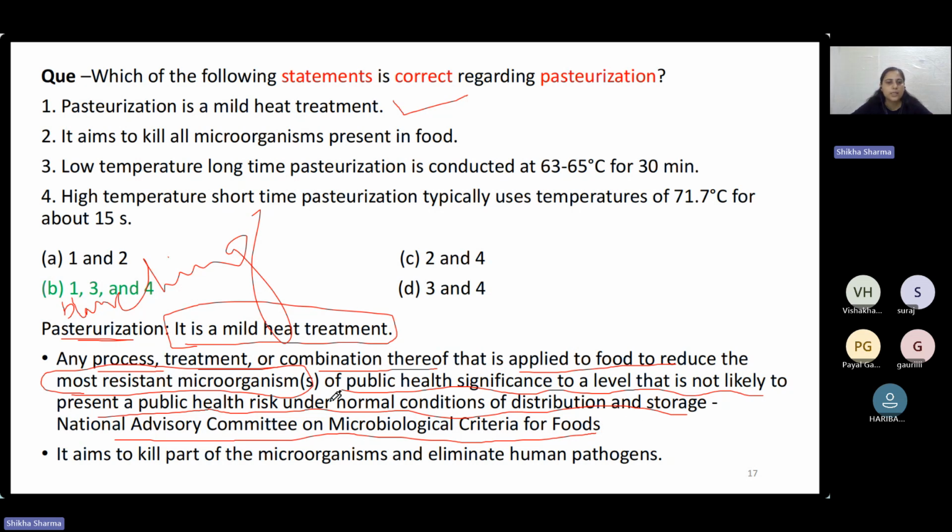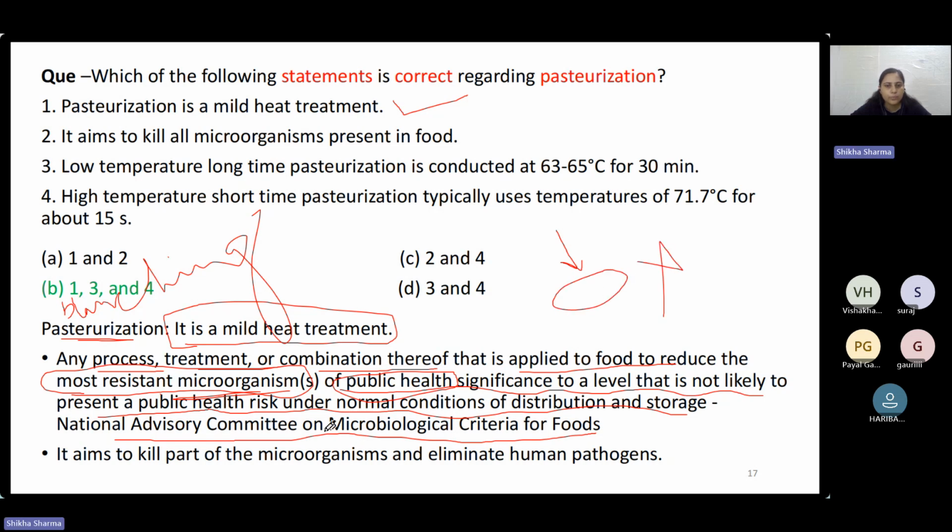So what it says is that pasteurization means the killing of the most resistant microorganisms or enzymes that are important for public health, and the count will be lowered to a certain amount which will not affect public health.